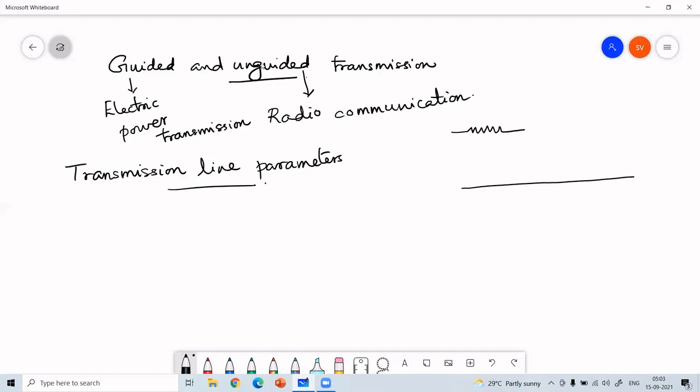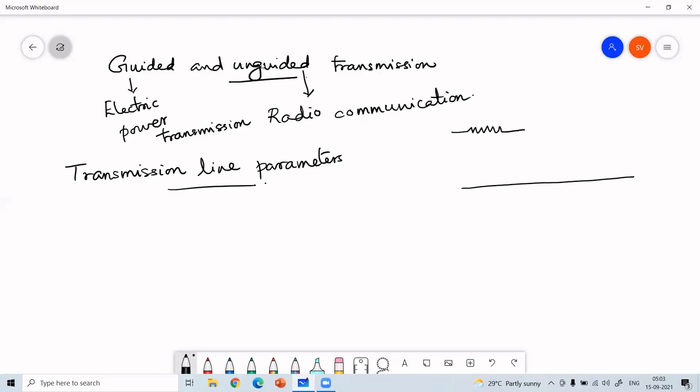Why is there resistance? It is because these transmission lines are conductors. They definitely have a finite conductivity. So there will be a resistance which is imagined to be distributed throughout the line. So I am considering a series resistance here.